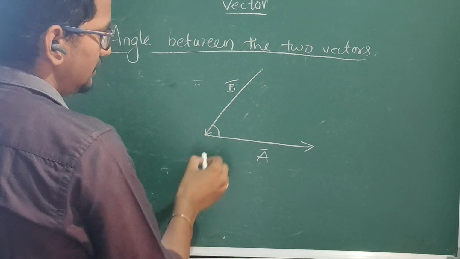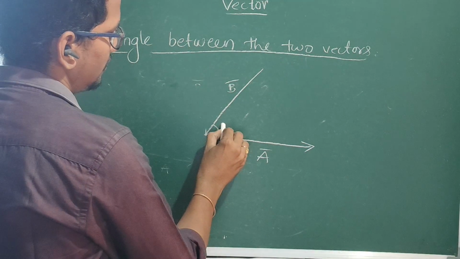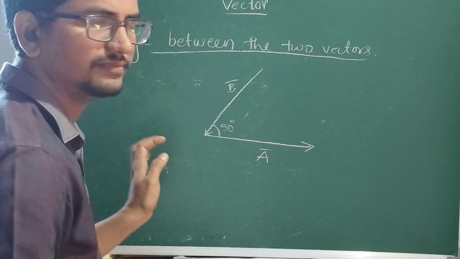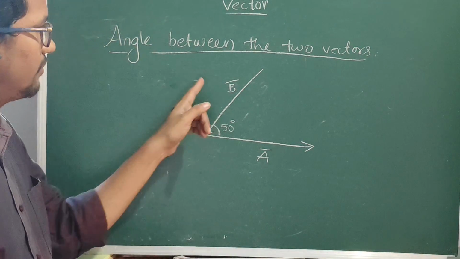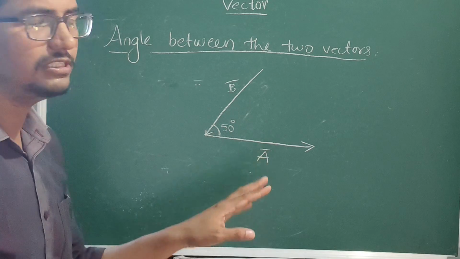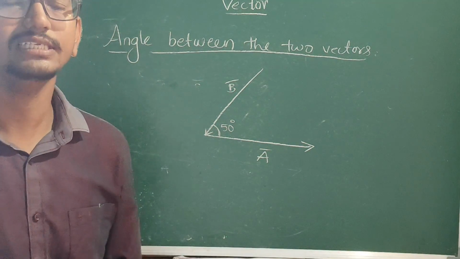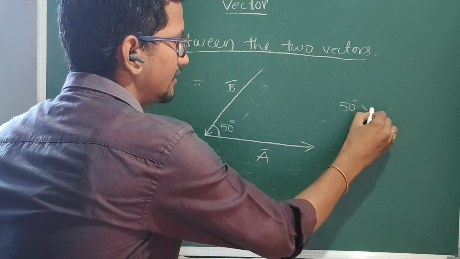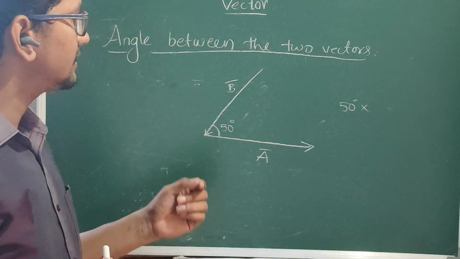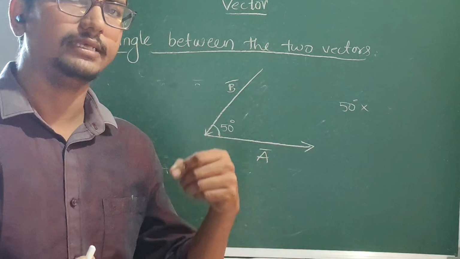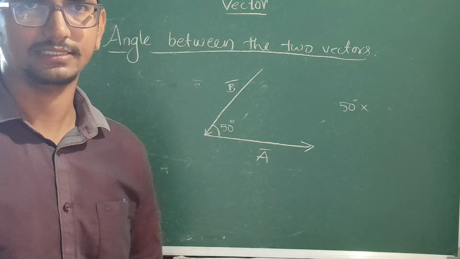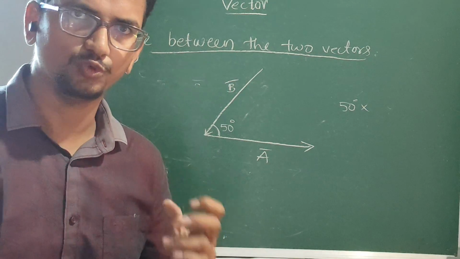For example, there is 50 degrees. 50 degrees is shown between a bar and b bar, but it is not the correct angle between the two vectors. What is the angle between a bar and b bar? 50 is not the right answer. What are we discussing? Either tails or heads of the two vectors make the angle theta. That is the angle between the two vectors.